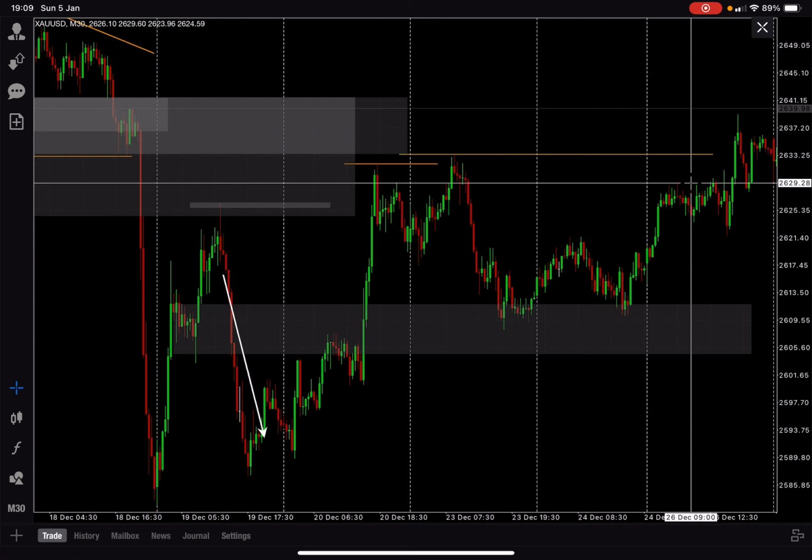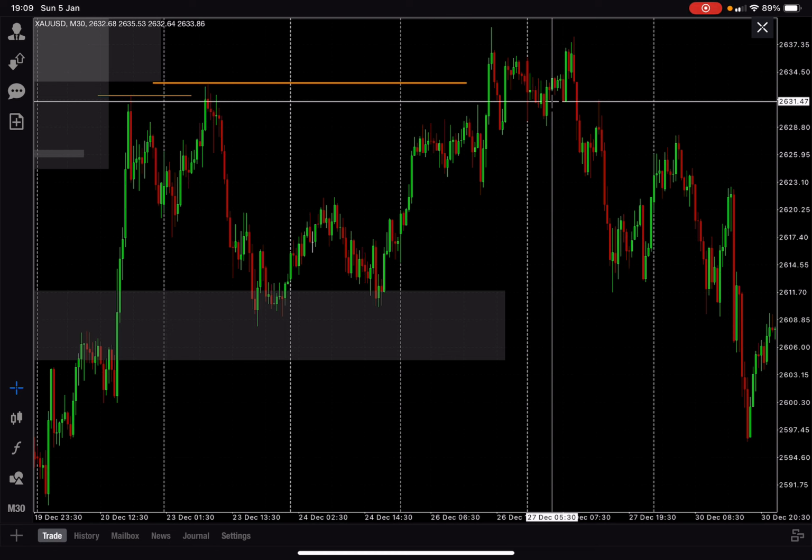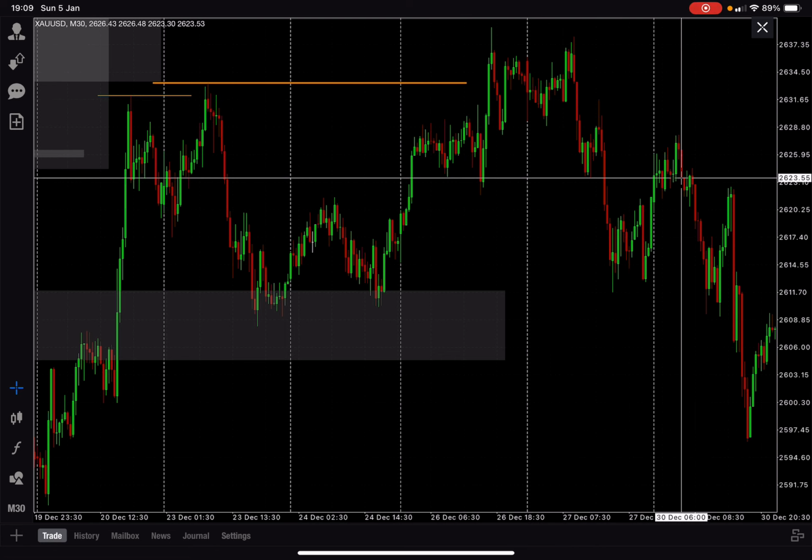I did take a sell from here too, but I already had a sell from up here from the previous day. So going into the next day's price action, Boxing Day here, takes profit up here. Then we go into the 27th. What I explained about the 27th is that it is likely to be where the profit taking starts happening.